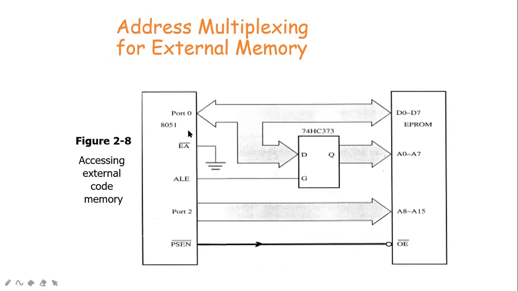This is the pin configuration of the 8051. Here we are accessing an EEPROM, that is, an external ROM memory with multiplexing. This EEPROM has D0 to D7 data lines, A0 to A15 address lines, and an OE bar pin, which is an active low signal.